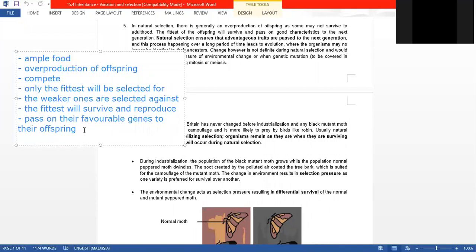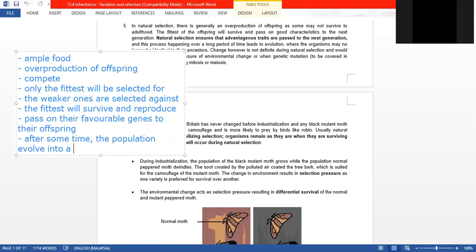So after some time, the population changes. Okay, the population changes, we call it evolve into something new. What if the offspring has both favorable and unfavorable genes?